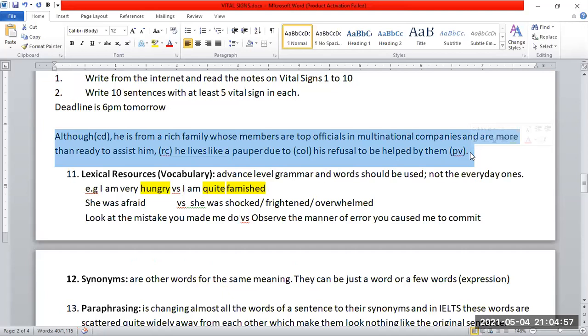All right. So now I hope you understand. It's just one full sentence, but it has all of this information.